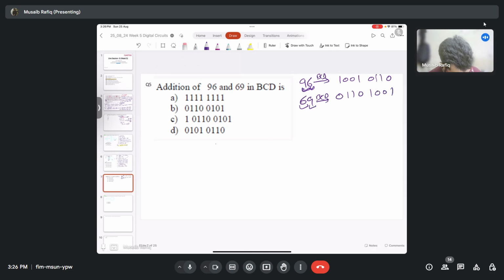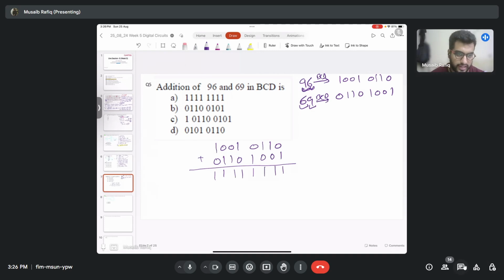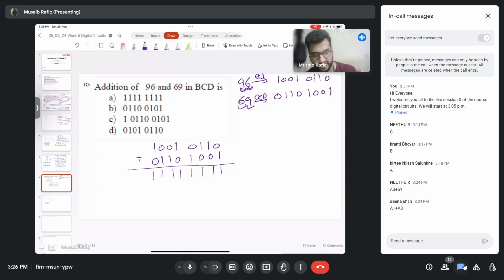So let me write these two numbers here first, and we'll do the addition to it. So question to you guys: are these the legal addition terms in the BCD addition?